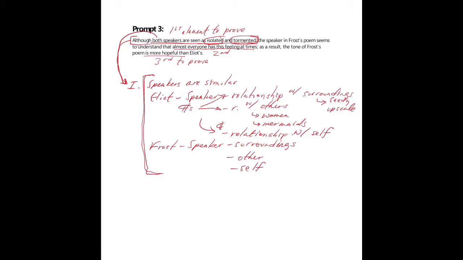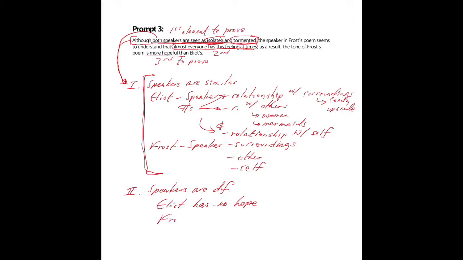The second thing we need to try to do is argue that the speakers are different. Eliot has no hope. Right, we could try to prove that, and maybe we try to prove that in a variety of different ways.